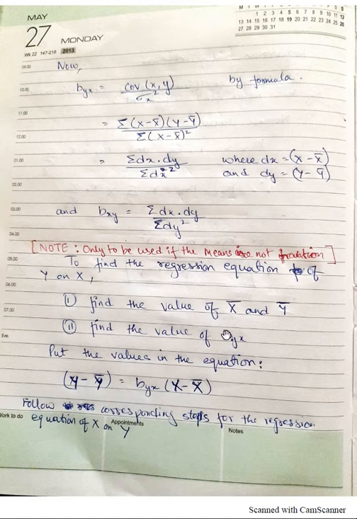Again we'll find x bar and y bar, and instead of byx, we'll find bxy, that is regression coefficient of x on y, and then we'll put the values of x bar, y bar and bxy in the equation.